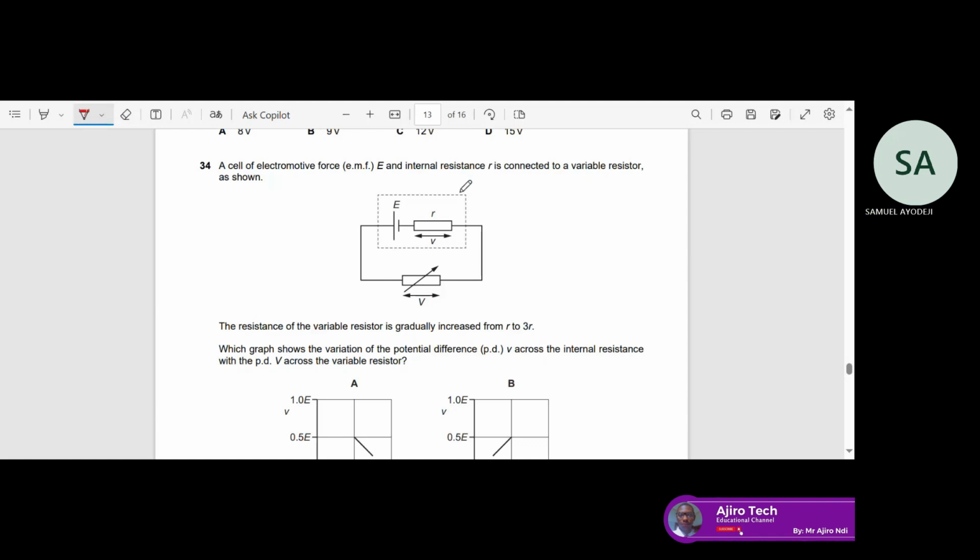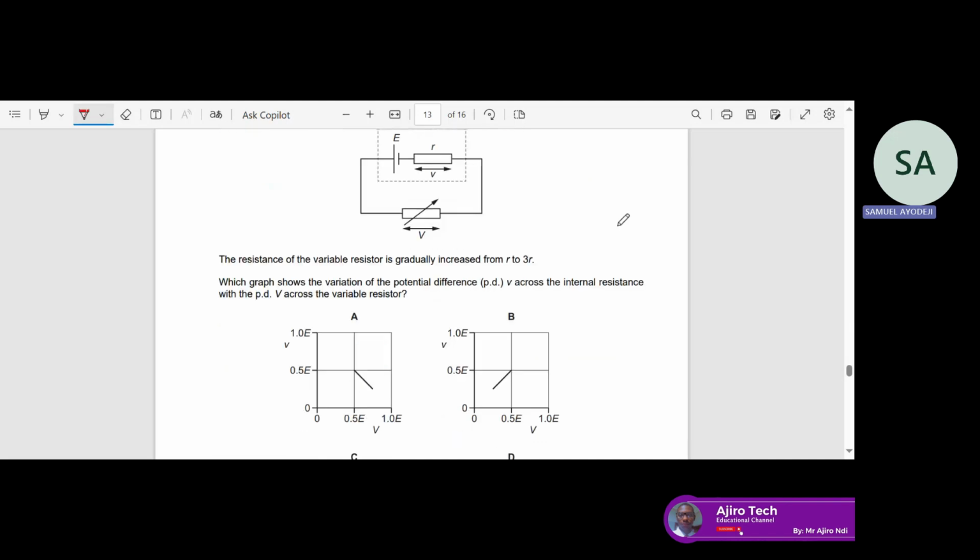I'll explain the topic and the concept, then we will solve all those questions. There are many questions on that topic. That's the way for you to master it. I don't want us to be grappling from one topic to another. That's the way you will understand it better.